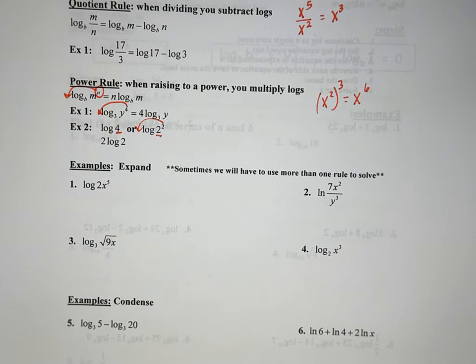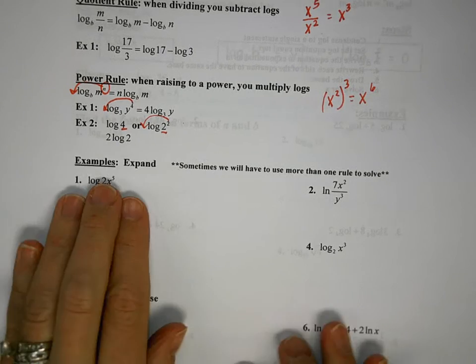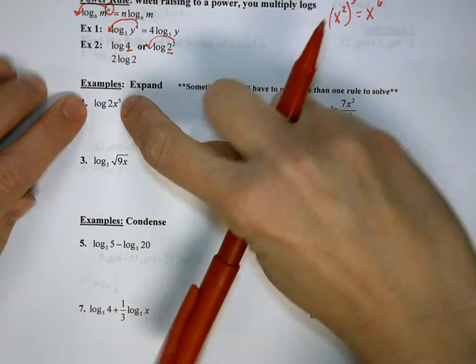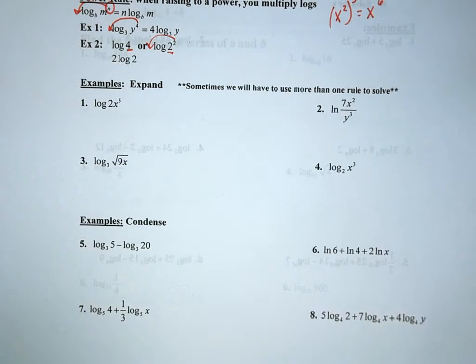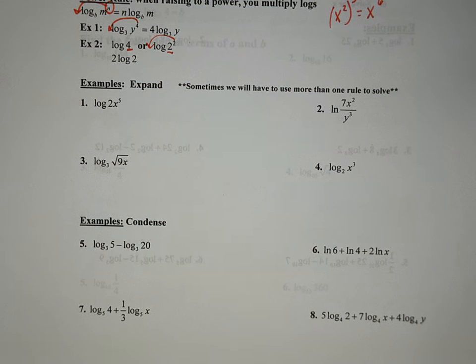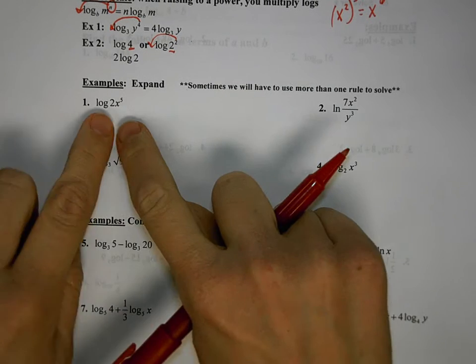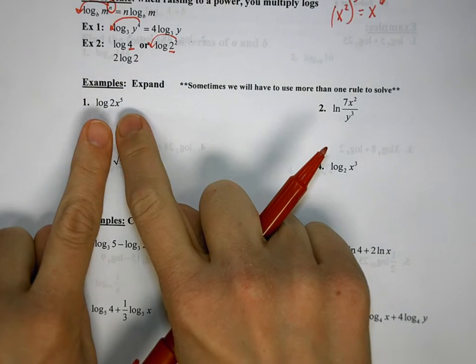Now our problems are where they want us to expand them. Notice how these are condensed. It's a small log. They want us to basically stretch it out and make it a long statement. The first thing you are going to do is see how we have 2 things multiplying each other.